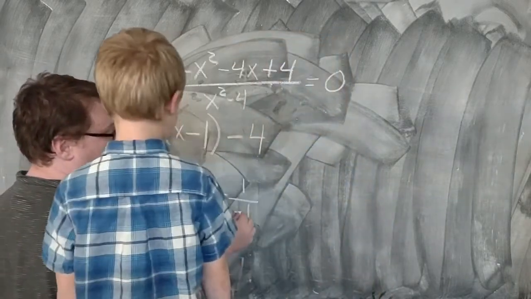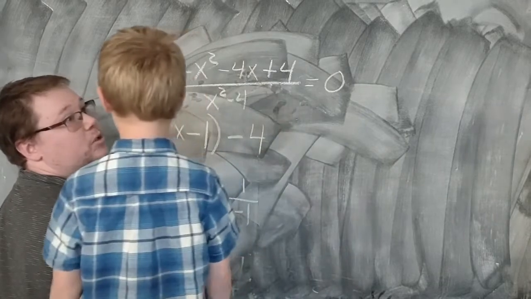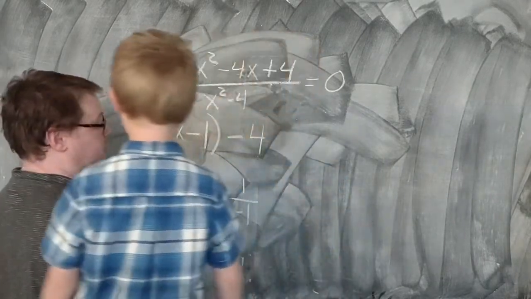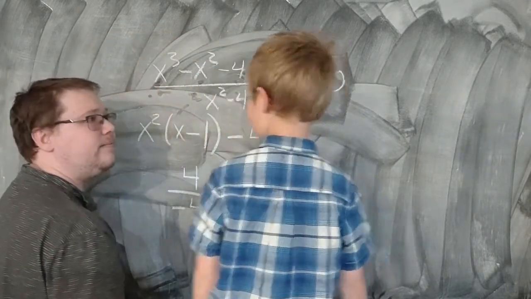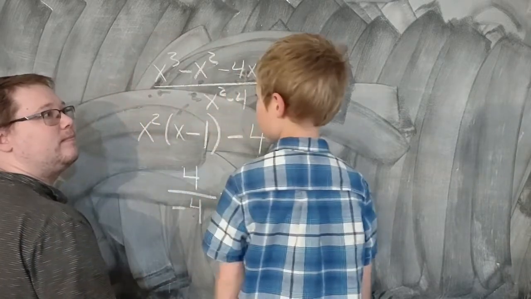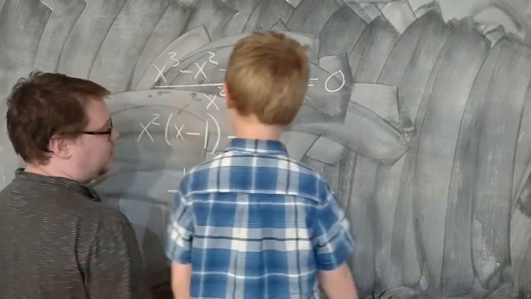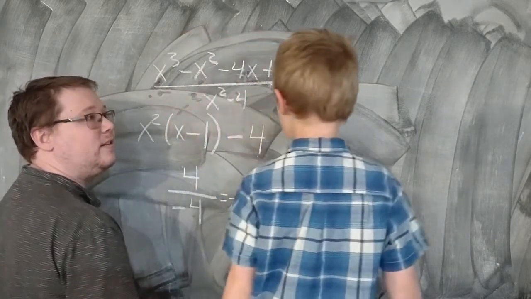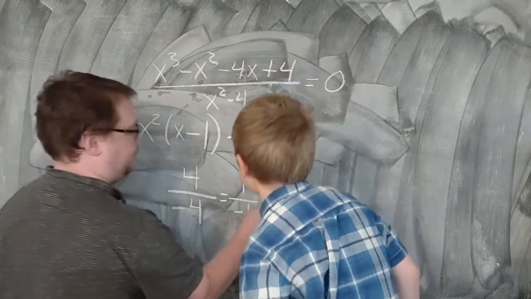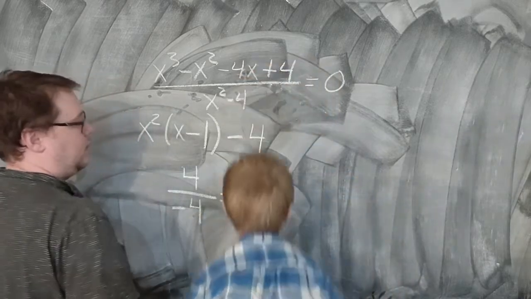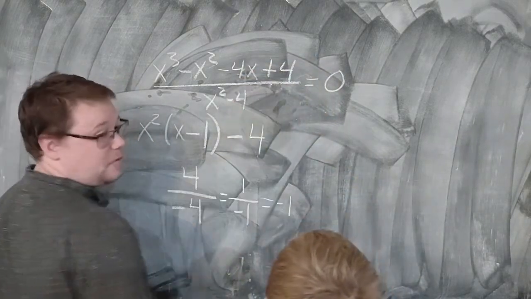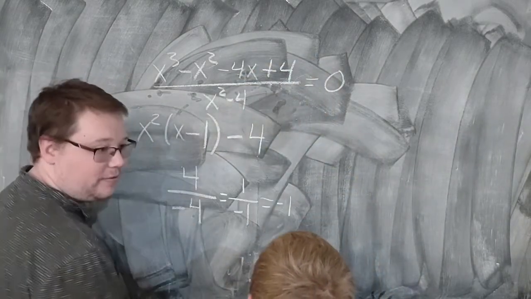Keep in mind multiplication and division have the same rules for negatives. So what's 1 times negative 1? Negative 1. Yeah. So what's 1 divided by negative 1? Negative 1. It's the same. And so you can pull a negative out of a positive, and it just makes it a negative.